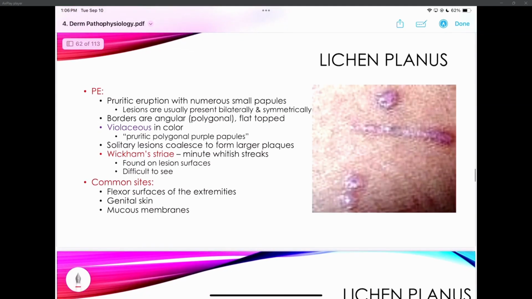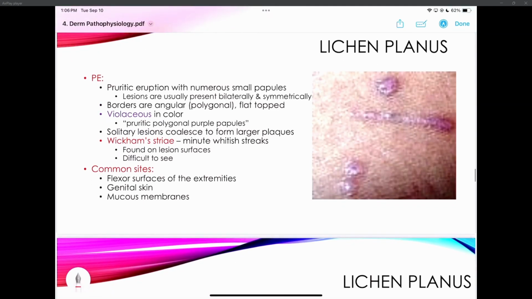Lichen planus. Here's your linear lesion now. We talk about linear, how to describe how it looks. They get a pruritic eruption, so it's going to be itchy. They're usually present bilateral and symmetrical. Borders are angular or polygonal.